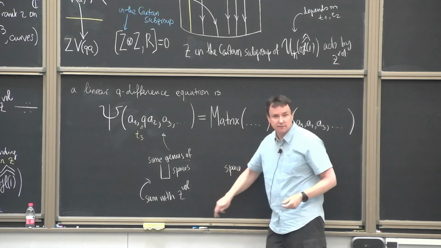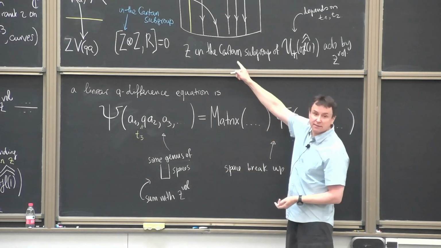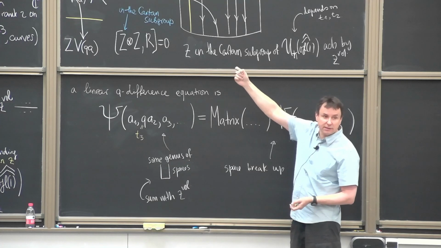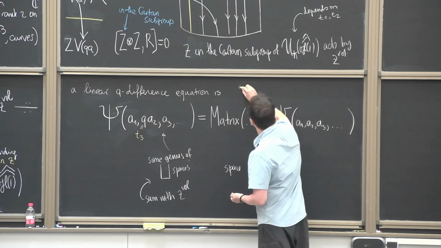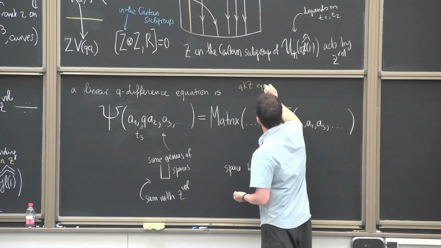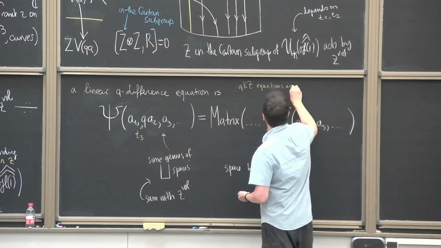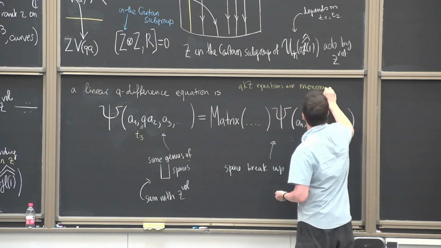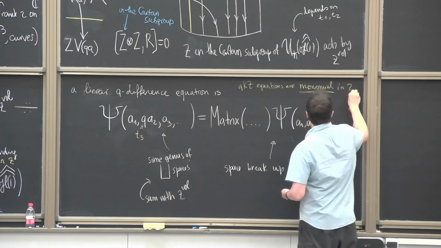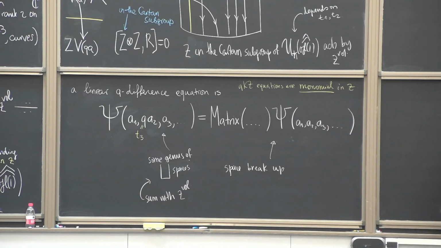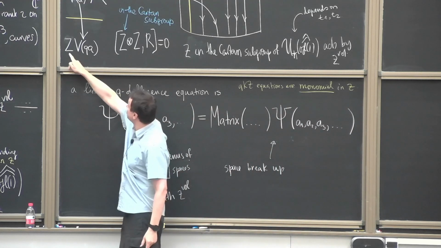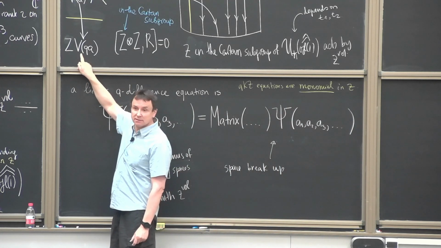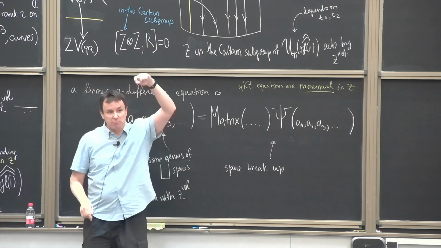But if you look at the matrix elements of QKZ, the QKZ equations are monomial in Z. Z is a diagonal matrix with monomial eigenvalues, so in this equation you multiply by a diagonal matrix. This means every matrix element is going to be monomial in Z.